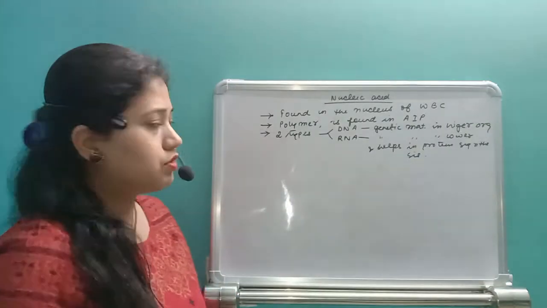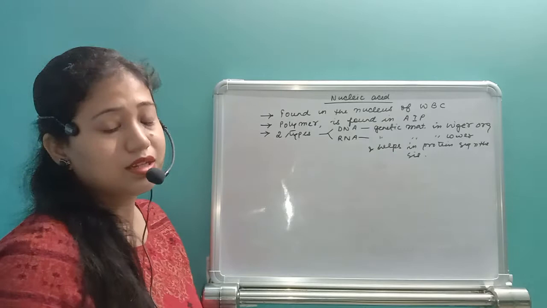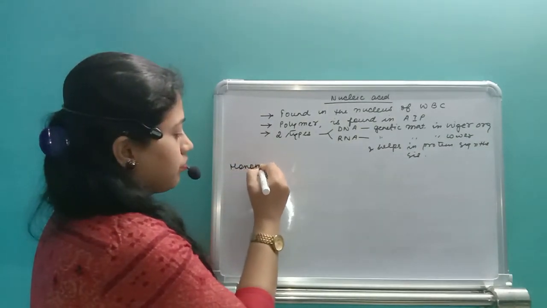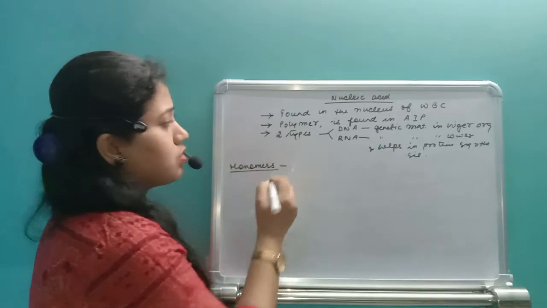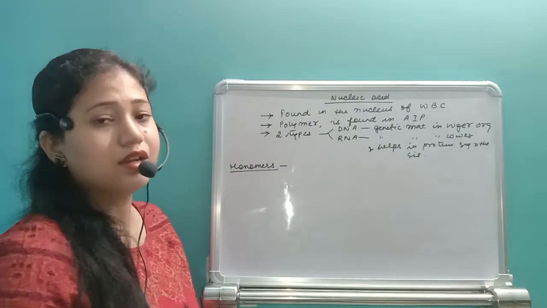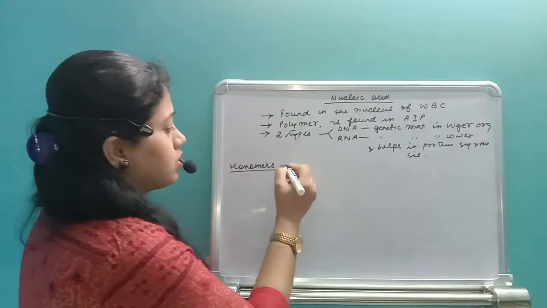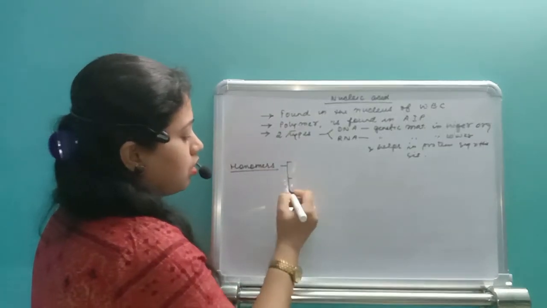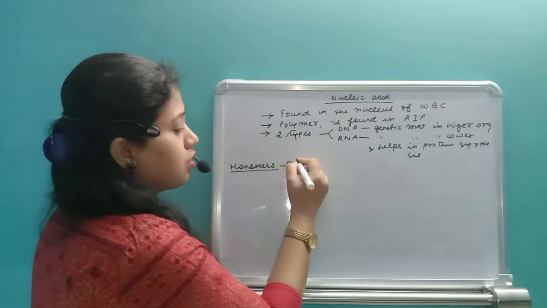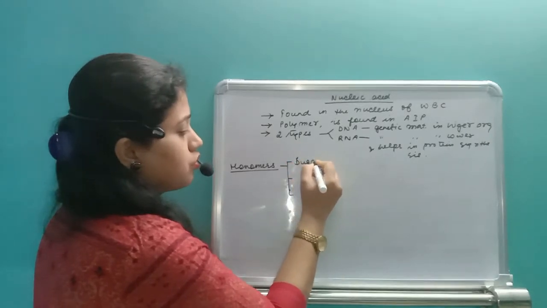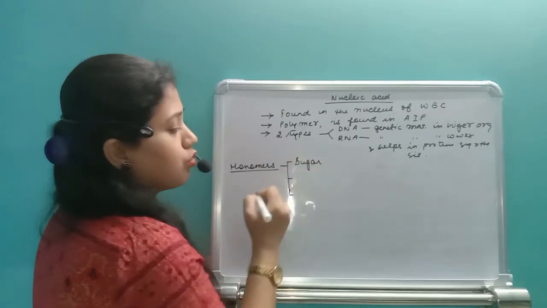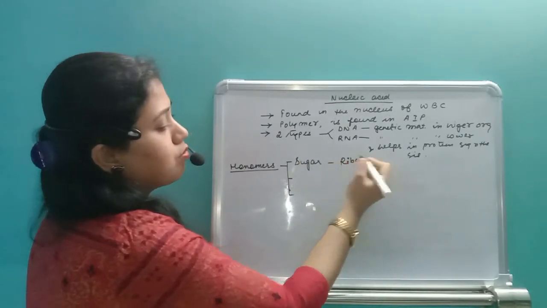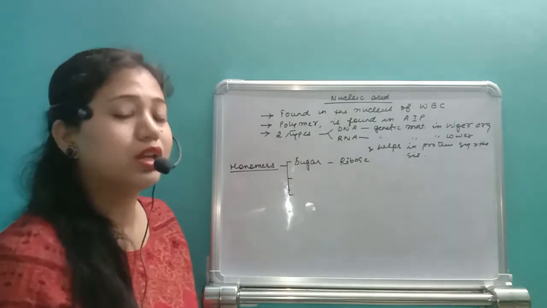Okay, now after that, in nucleic acid, how many types of monomers are there? There are three types of monomers. What are they? The first one is sugar. So there will be a sugar present, and this sugar is a ribose sugar. Is ribose an aldose or a ketose sugar?